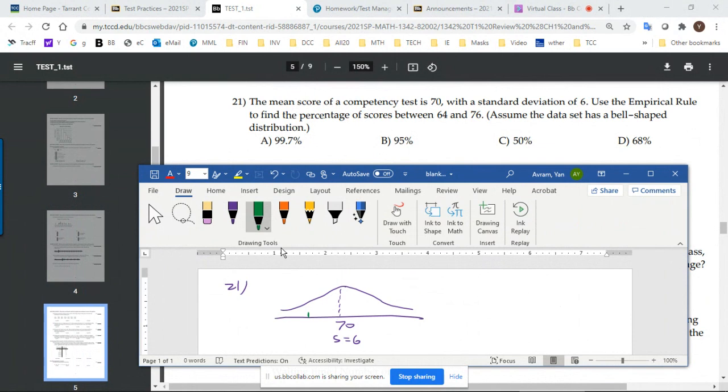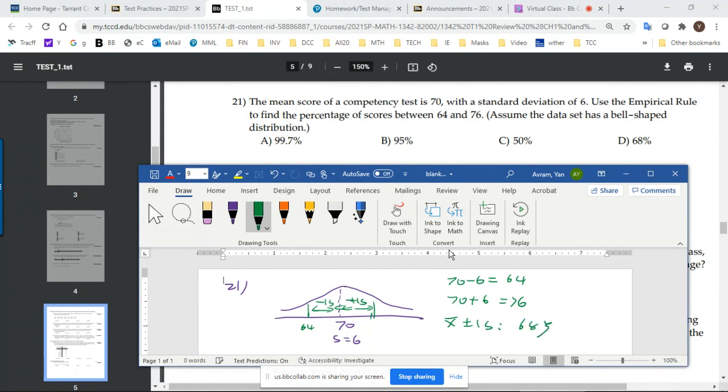Well, 64, if you use 70 minus 6, that is 64, right? So that is 1 standard deviation away. So that's minus 1 standard deviation. And if you look at 76, 70 plus 6 will be 76. So that is plus 1 standard deviation away. So I have x bar plus or minus 1 standard deviation.